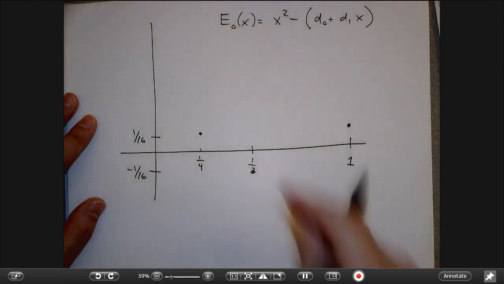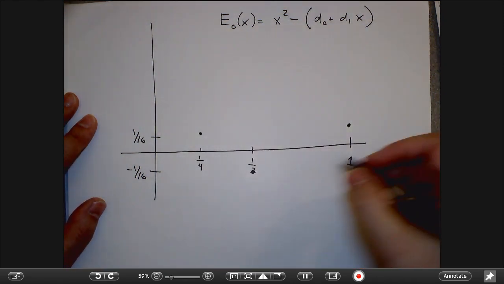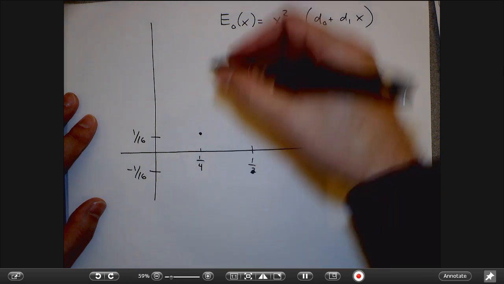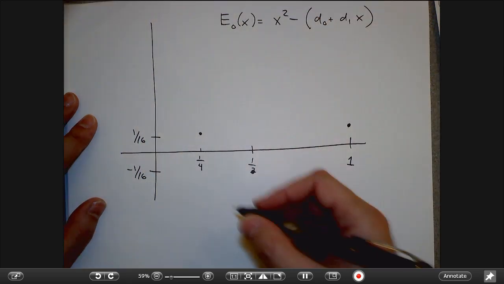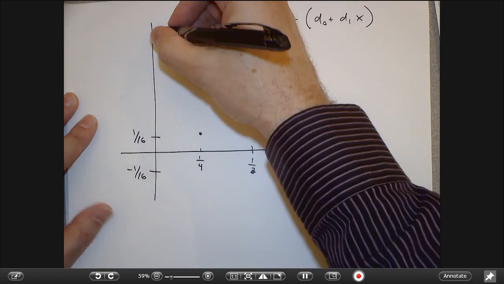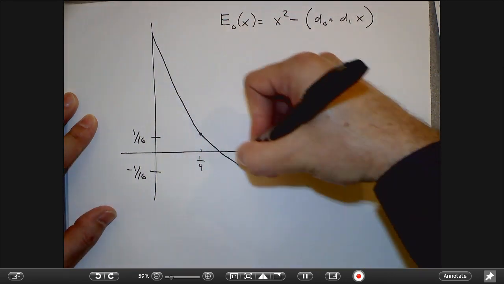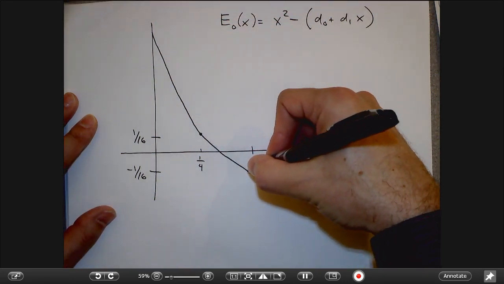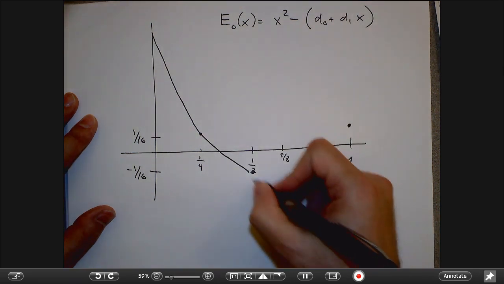And if I draw the rest of the function, it turns out to look like this, right? So if I figure out what I actually got, this is my actual shape.